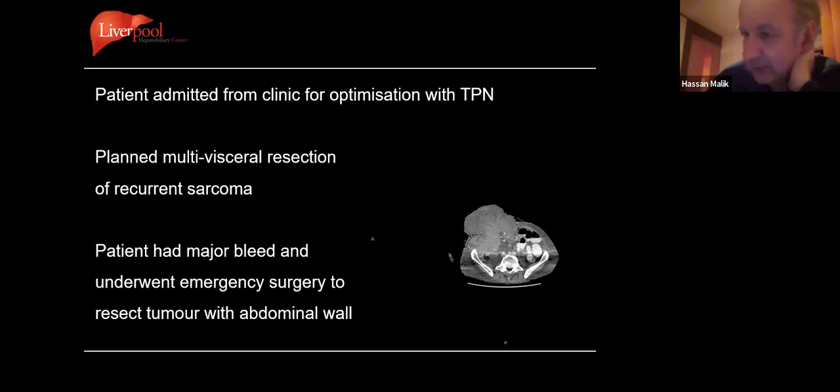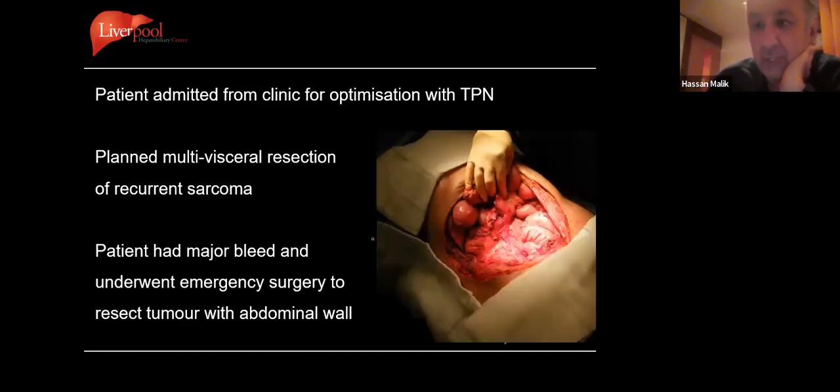You can see the scan there, the CT, showing the exophytic tumor involving the right iliac fossa, the gut, mainly the right colon, anterior abdominal wall. And we basically excised with a wide margin the abdominal wall and the colon. And then did an anastomosis and then covered this with a biologic mesh.